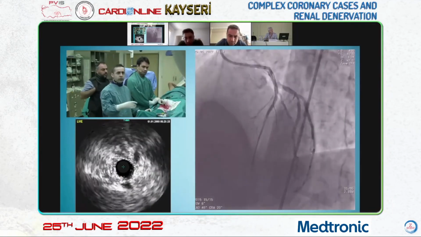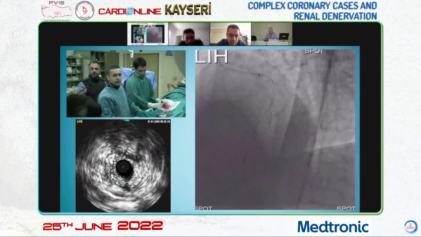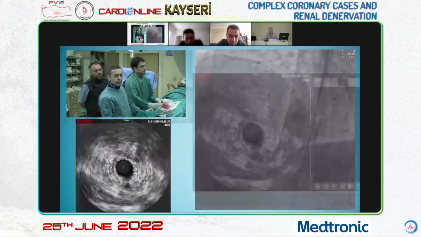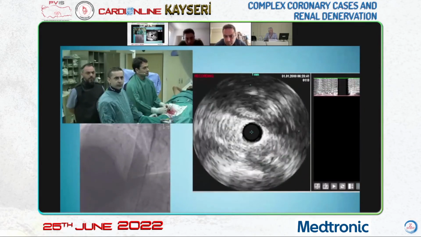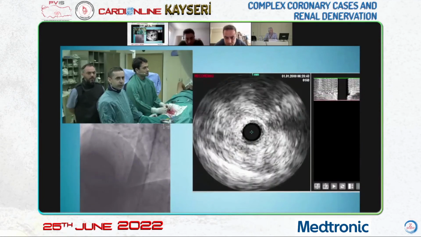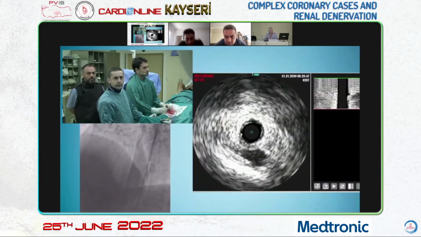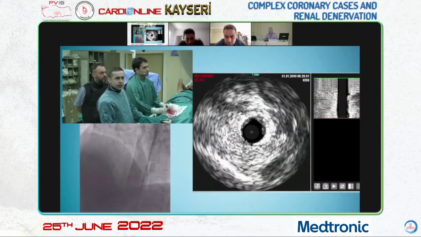We agree with what Kürşat will say. This is the IVUS. We have a space here. There are negative areas where possibly there is a spasm.